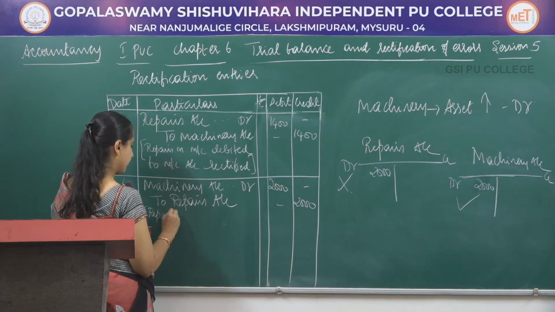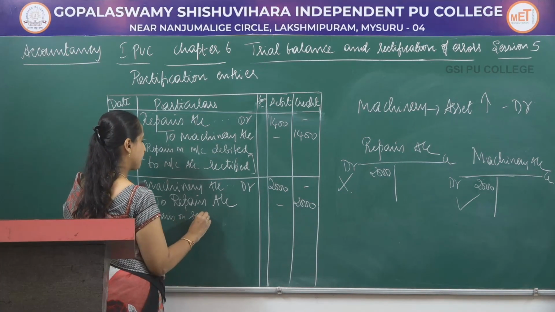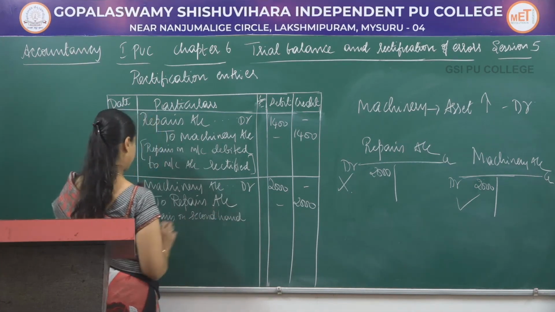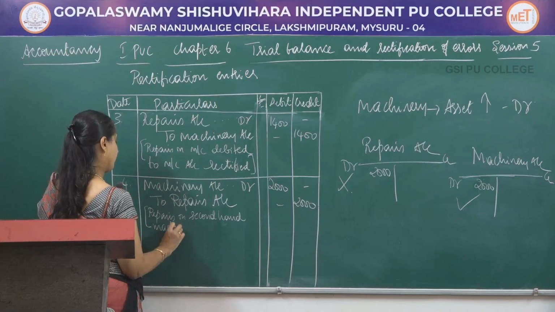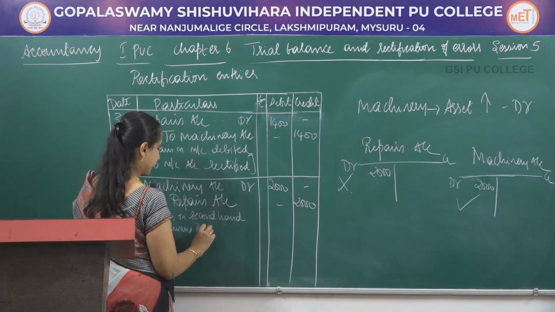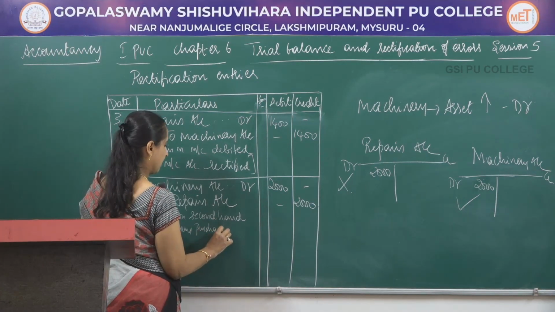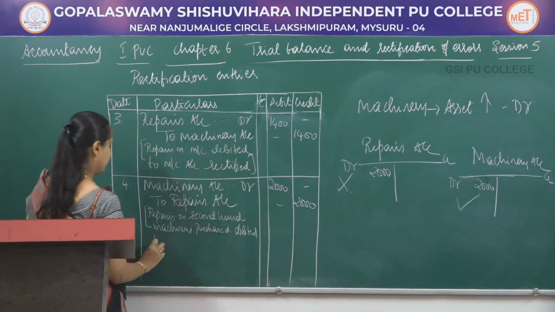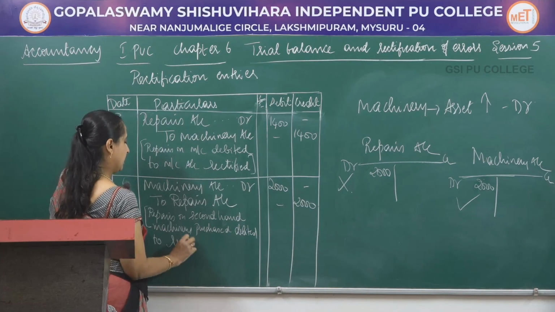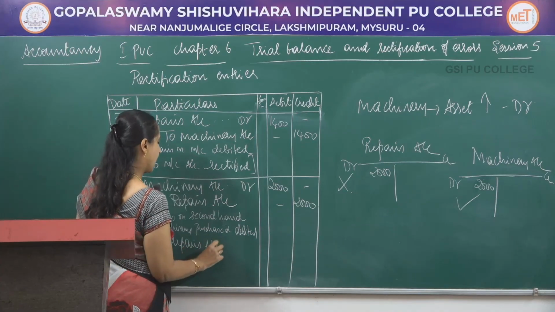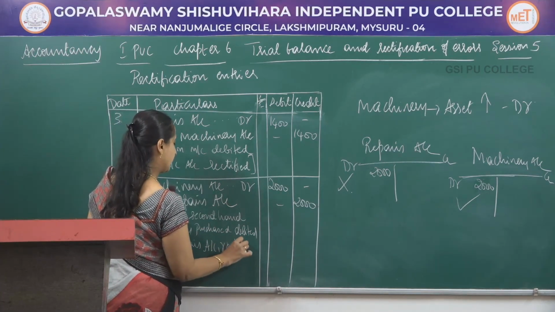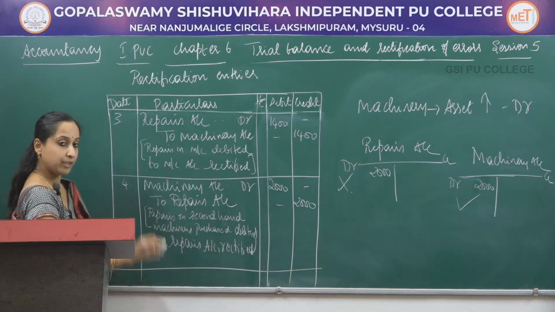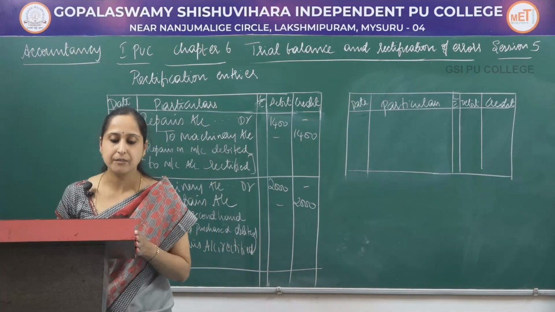Here we have to write repairs on second hand machinery purchased debited to repairs account, rectified. So this is the fourth transaction. Now let us see the fifth one.